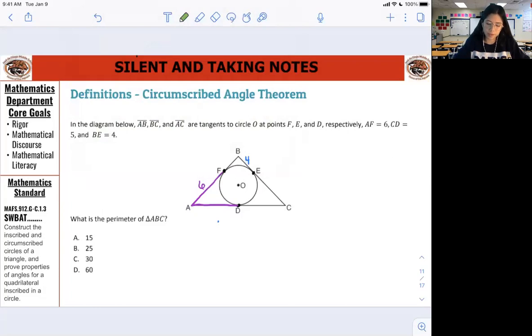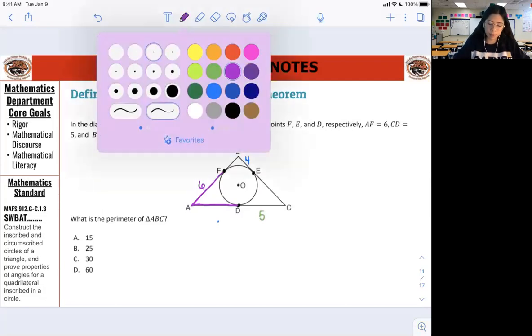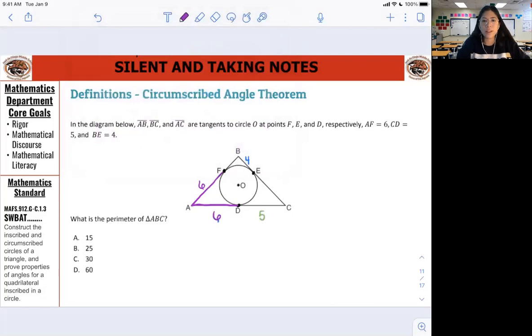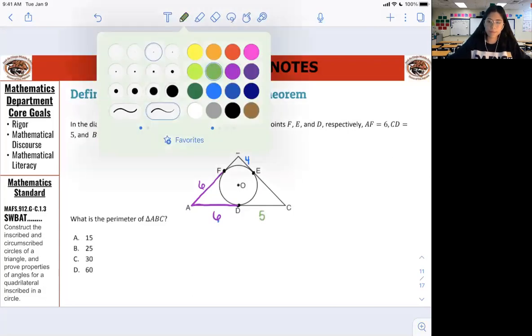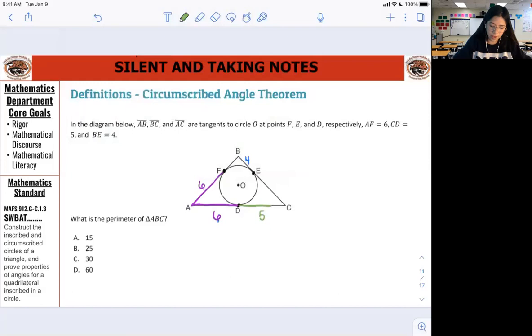DC is 5. Six. Yeah, I literally highlighted it in purple. That was an easy answer. If DC is 5, then EC has to also be 5.